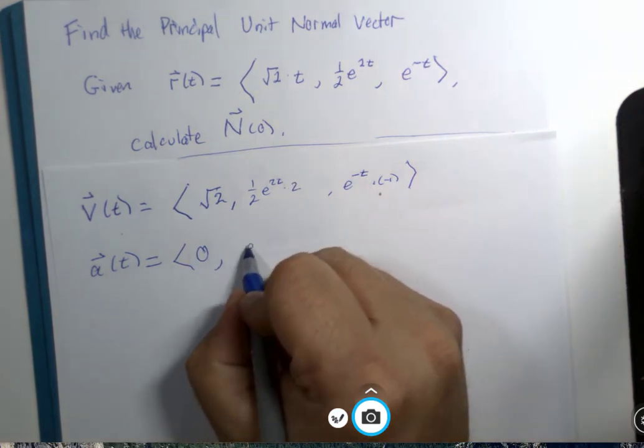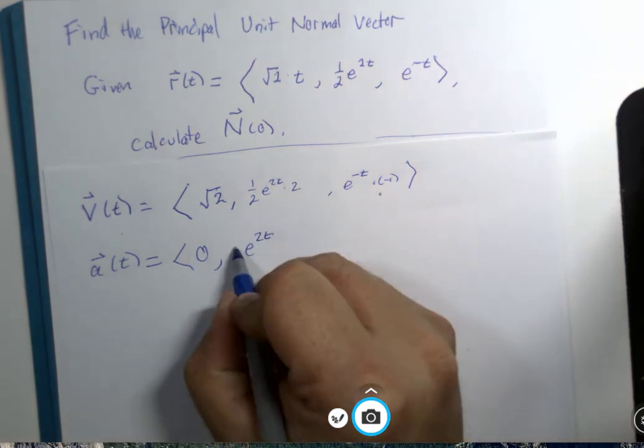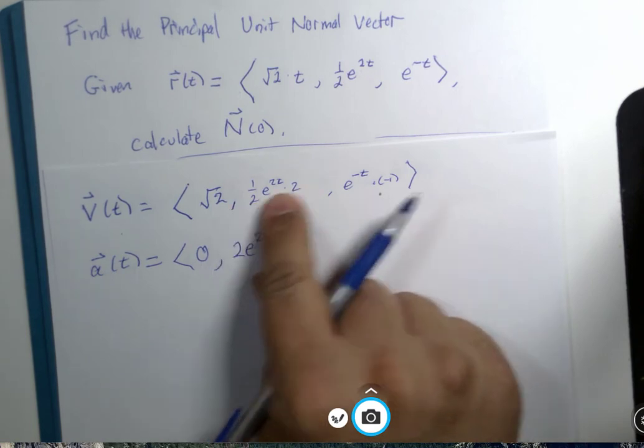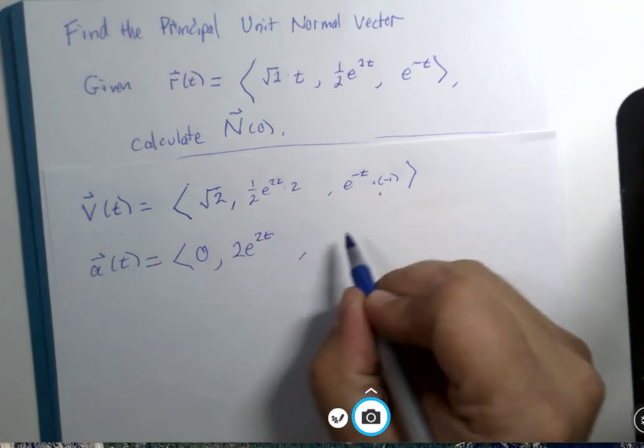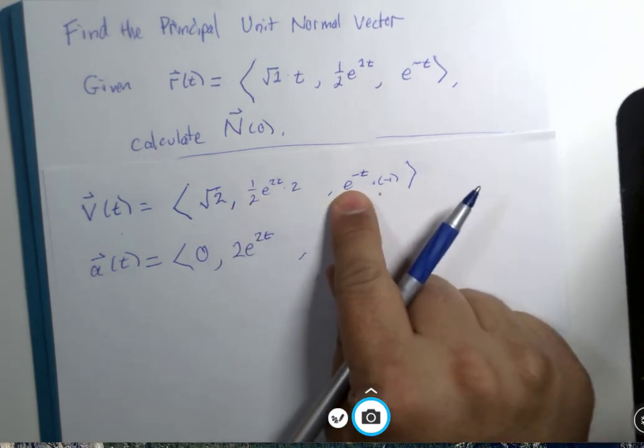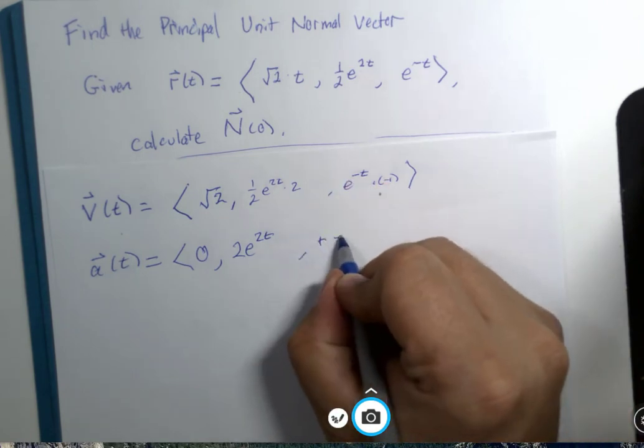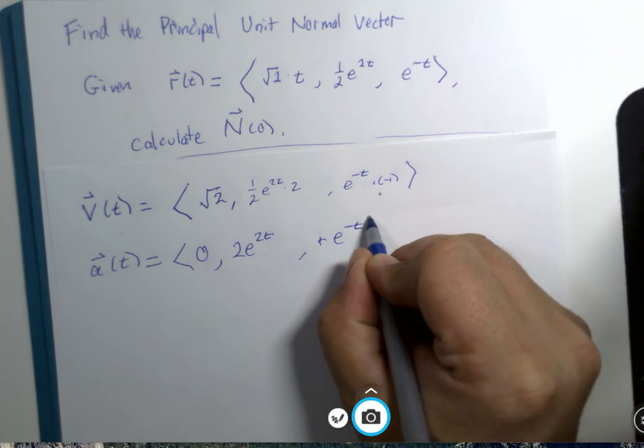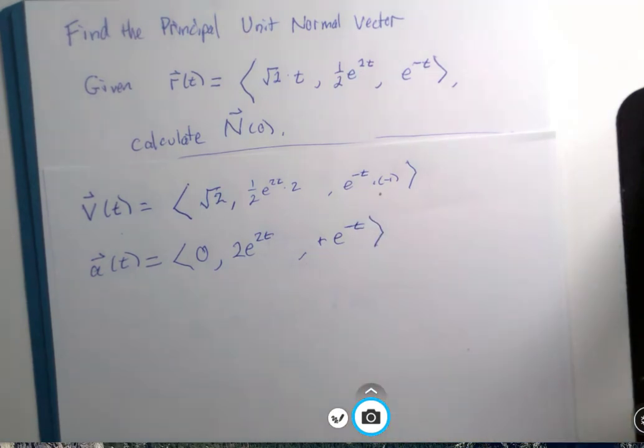It's e to the 2t multiplied by 2 again, because this set of constants already reduced. And if this is negative e to the negative t, and you take a derivative again, you're going to get a positive e to the negative t. We are finished with the calculus. The calculus is finished in this particular problem.